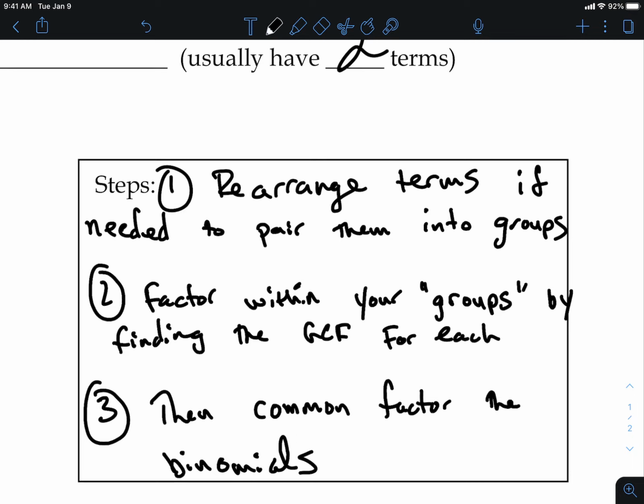Okay, what's a binomial? Two terms together. Yeah. So something like x squared plus x. There's two terms. That's a binomial. A trinomial would have like three terms. Okay?